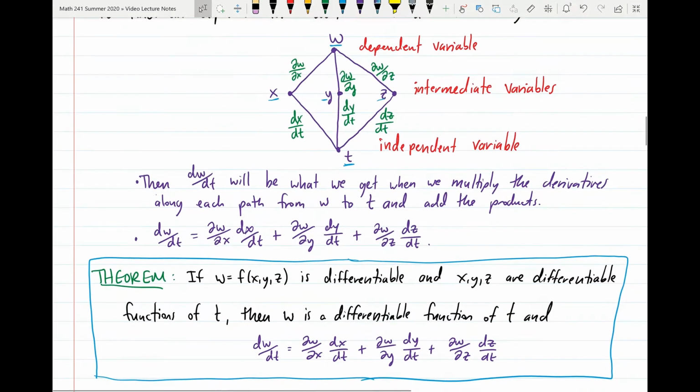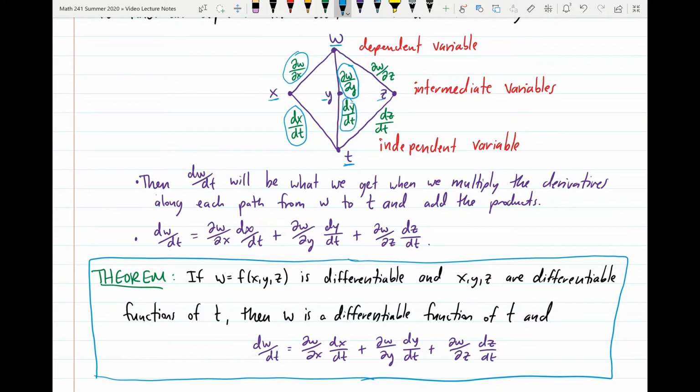So let's do that. The derivative of w with respect to t is going to be partial w with respect to x multiplied by the derivative of x with respect to t. That's our first path. Plus the partial derivative of w with respect to y multiplied by the derivative of y with respect to t.